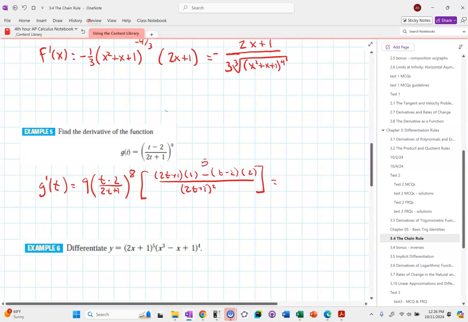So I'd end up with just a 5 in the numerator. Everybody okay there? So I would expect to see 9 times 5, 45, t minus 2 to the 8th over 2t plus 1 to the 10th.